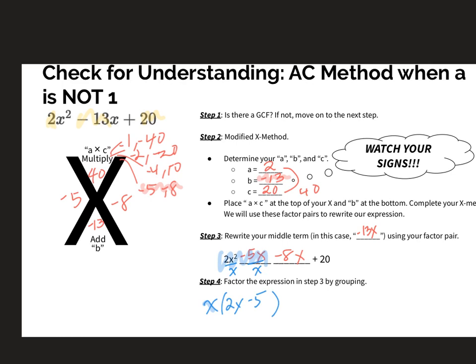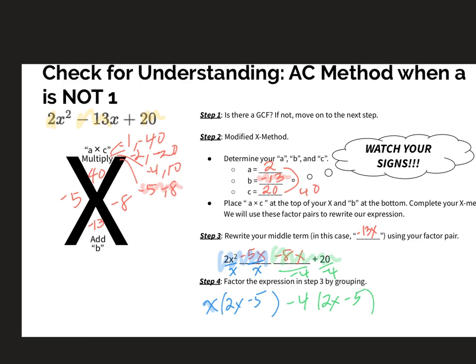In my second grouping, let's say that this is green, my GCF is going to be probably negative 4. I'm going to make it negative 4 just so I can have a same group by the time I'm done with this. So when I take out my negative 4, negative 8x divided by negative 4 is 2x. 20 divided by negative 4 is minus 5.